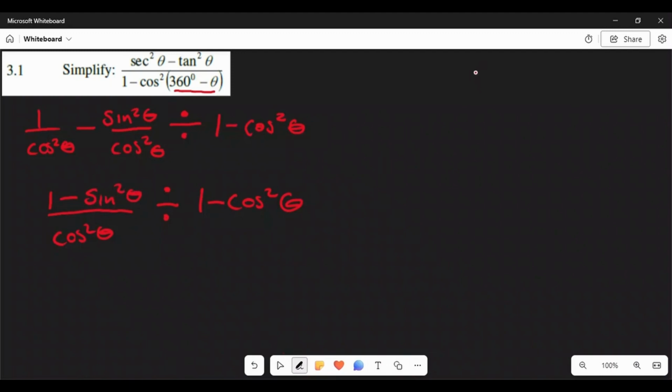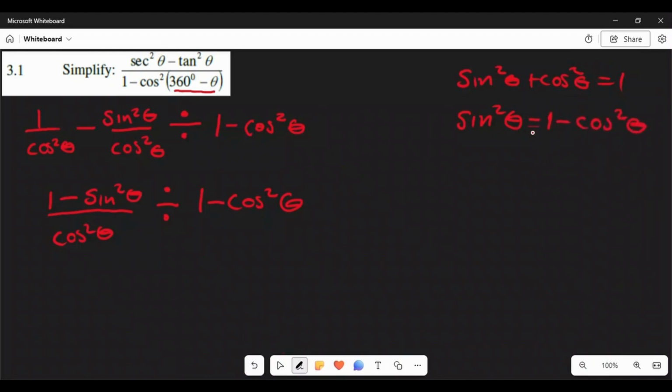If you still remember, let me show you this. Sine squared theta plus cos squared theta is equaling to 1. If you make sine the subject of the formula, this is what you're going to have. So if you say sine squared theta and you transpose cos squared to this side, you will be having 1 minus cos squared theta.